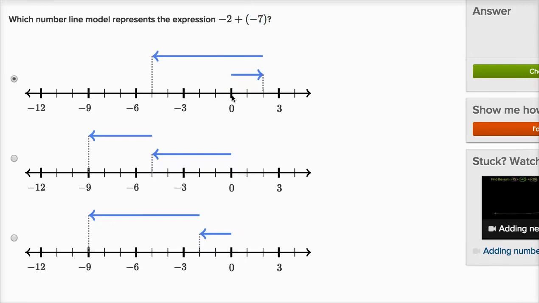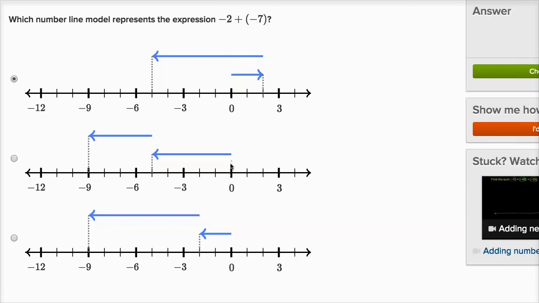So this number line model, I guess we could call it. It's saying this is +2 right over here. It's to the right of 0, and then it subtracts 7. So this is the model that would be for +2 plus -7, or +2 minus 7. But that's not what we have over here. We have -2 minus 7.